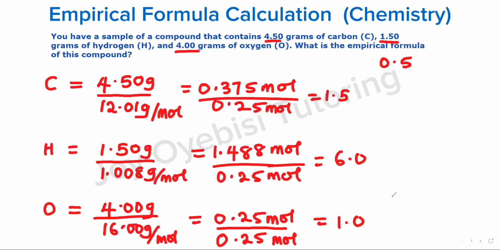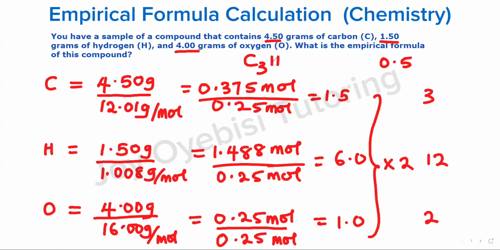Since what I have is a 0.5, I'm going to multiply this whole mole ratio by 2. This gives me 3. This gives me 12. While this gives me 2. Okay? That means that the empirical formula will be C3H12O2. And that is how you calculate it.